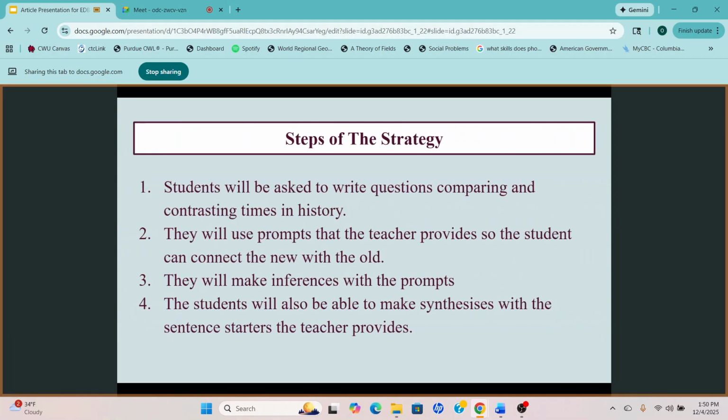The first step is students will be asked to write questions comparing and contrasting times in history. Step 2 is they will use prompts that the teacher provides so the student can connect new and old. Step 3 is the students will make inferences with the prompts. Step 4 is the students will also be able to make syntheses with the sentence starters the teacher provides.